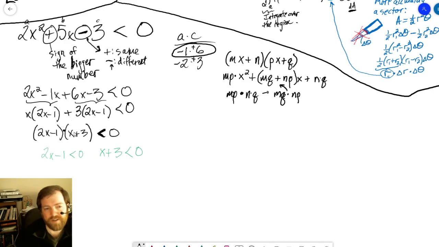So if the signs are different, that means that if 2x minus 1 is less than 0, it must also be true that x plus 3 is greater than 0. If this one is negative, then this one must be positive. Or the other option is that x plus 3 is negative and 2x minus 1 is positive.